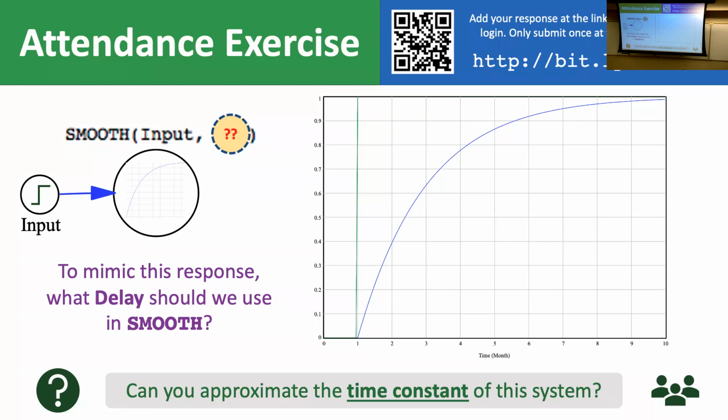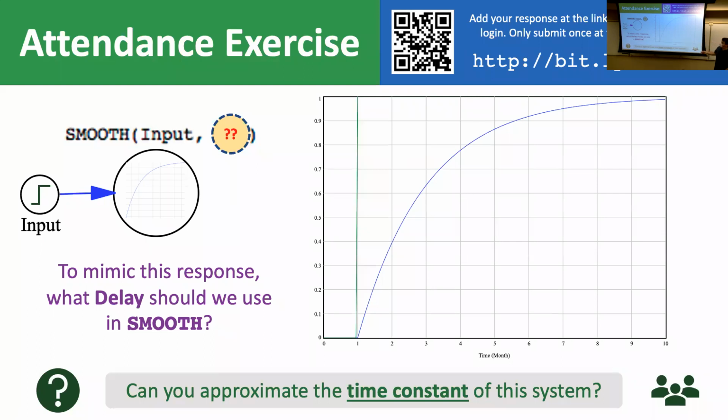And so the question here is, I've got a step that occurs at time 1, that's the green line, occurs down here at time 1, jumps up to 1 here, and then I've got this blue line that starts rising. And if I'm assuming this is just a smoothing function, then what would be approximately the time constant of this system?